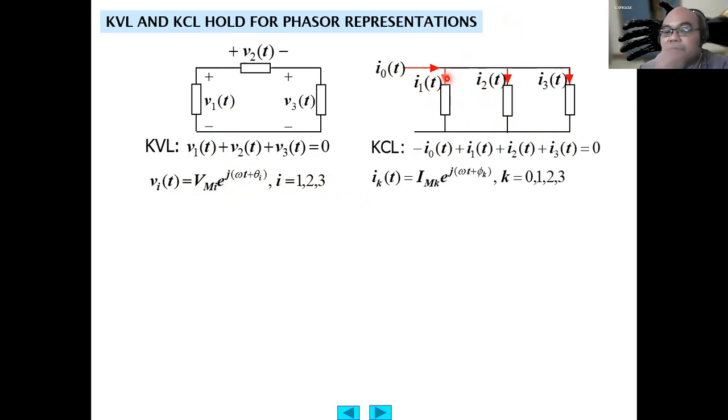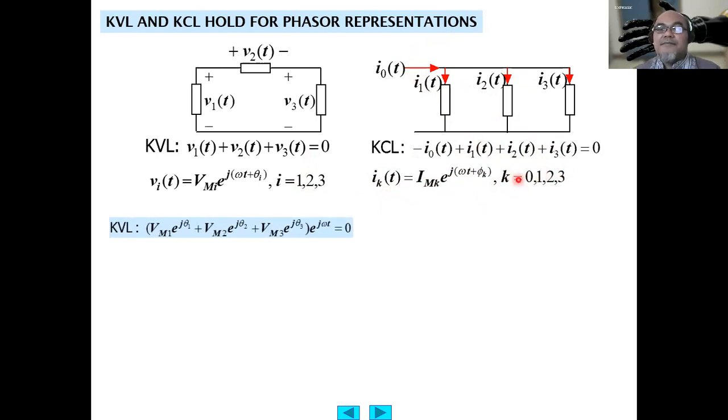So minus i0 plus i1(t) plus i2(t) plus i3(t) equals 0, because the current leaving equals the current entering. i_k(t), the current at the kth branch, equals Im_k, the magnitude, times exponent j(omega t plus phi k). Each of these impedances creates a phase angle shift by itself. The k here is for 0, 1, 2, and 3.